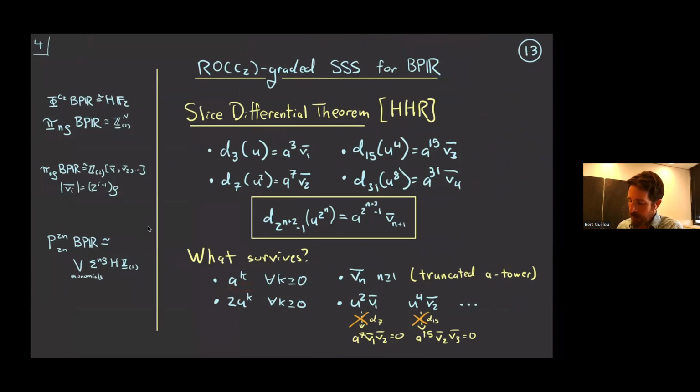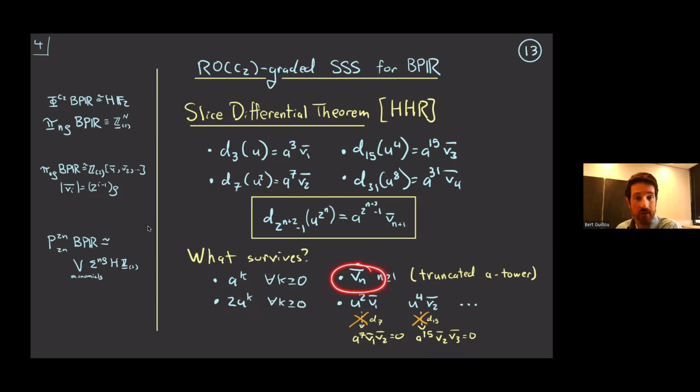And then the various powers of A supported differentials. But U was not torsion, right? It was torsion free. And so then 2 times those powers of U will survive. And that's what led to those Z duals before. But this will not support any A multiplications.